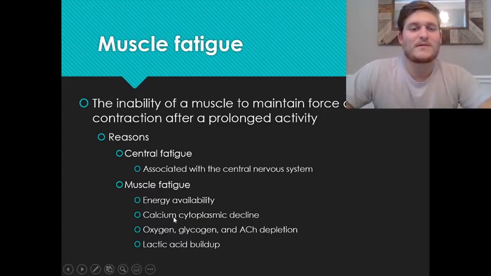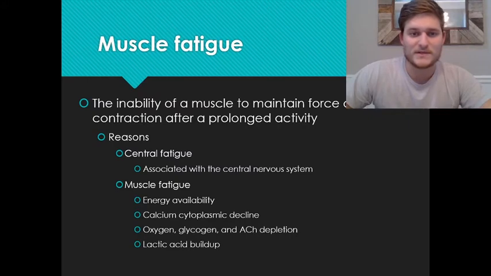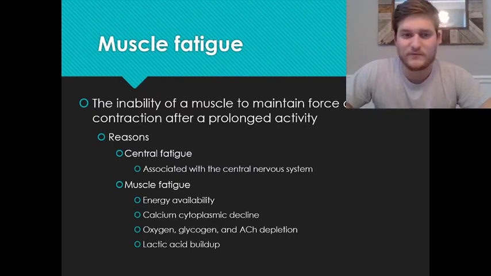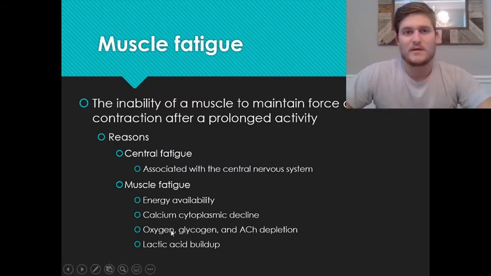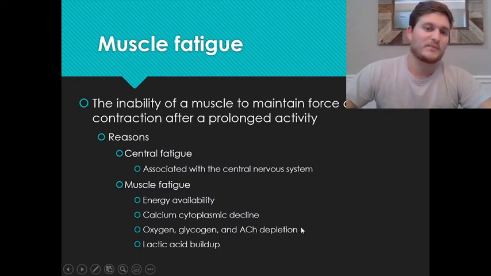And then things like calcium, of course, are going to be important. That level of calcium within the cytoplasm and the amount that binds to troponin is going to determine how many cross bridges are formed. So if there are declines in that, your muscles can fatigue as well. Acetylcholine is the neurotransmitter which helps start the whole excitation-contraction coupling process.